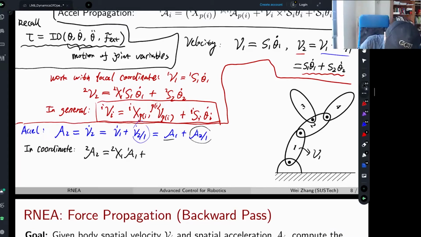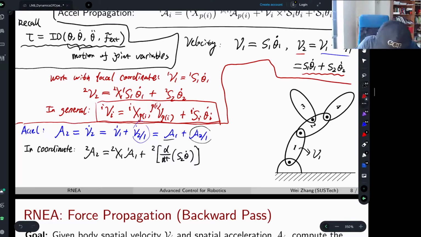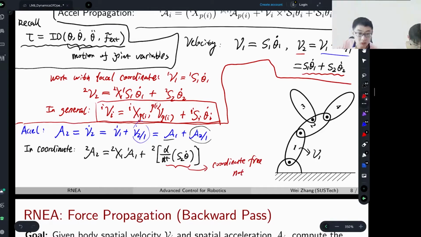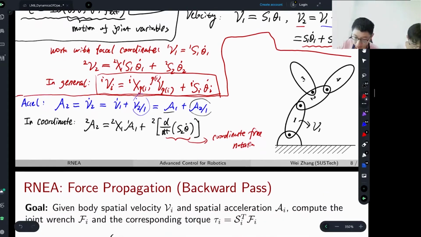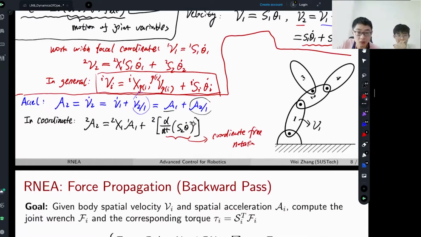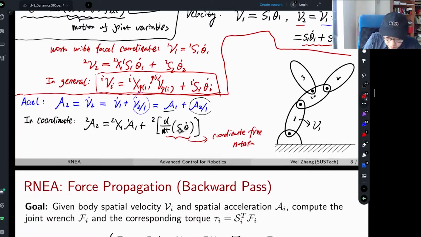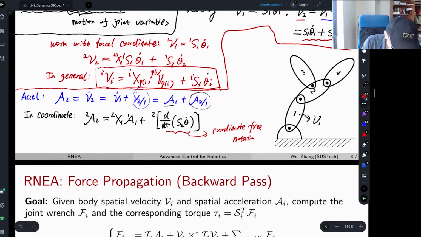Basically, in my notation, this d/dt, this relative motion was described by s2 theta dot, expressed in 2. Here, this part is my coordinate-free notation. The derivative of this is a twist, represented by the screw axis s2, and I want to take the derivative with respect to that.